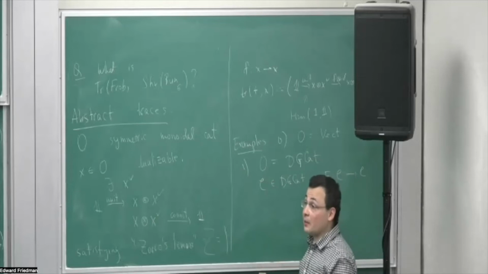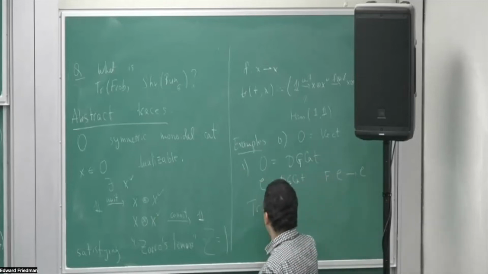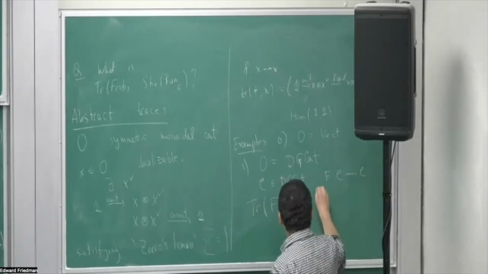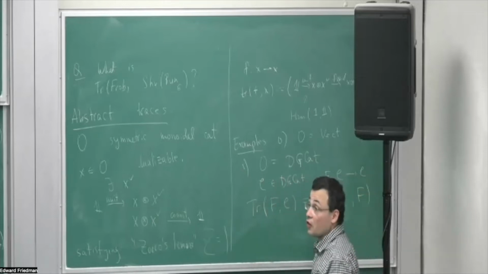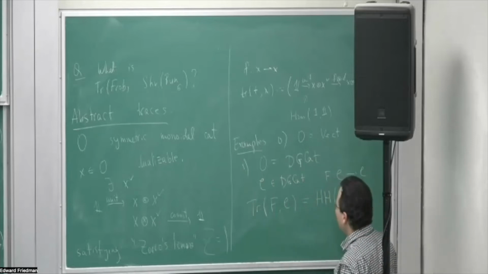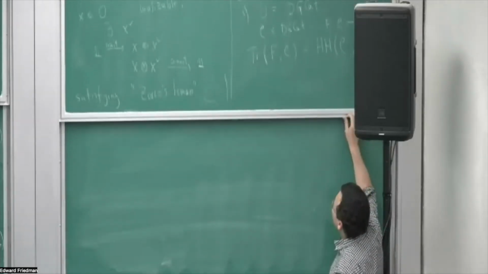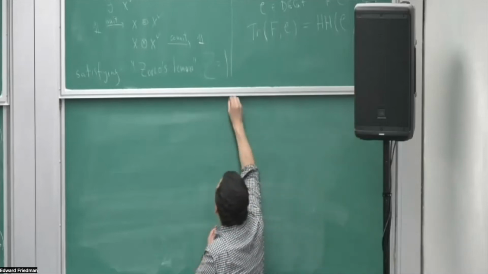It has a different name, which you may have heard of. Trace of F on C is the Hochschild homology of C with coefficients in this one. So that's just to name it.